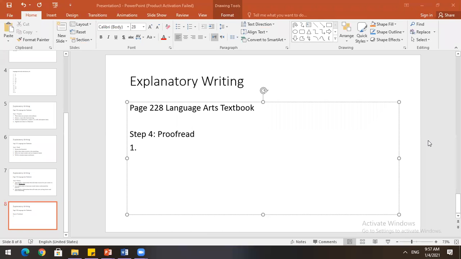Hannah, Sultan, do you know what this means? Okay, does anybody know what the symbol means? Yasin? It means a new paragraph. It means indent. Excellent. Start a new paragraph. That's right. So here we need to start a new paragraph.